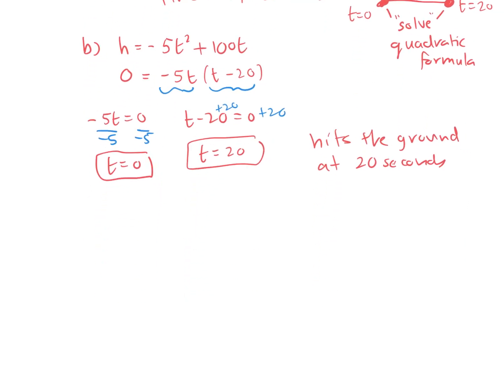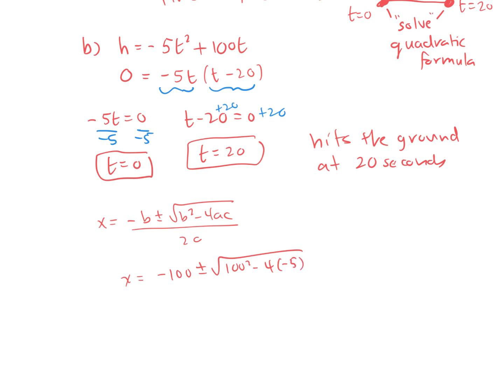You could also use the quadratic formula. If you don't want to factor, that's fine. So B is 100. A is -5. C is 0, right? There is no constant, so C is 0.